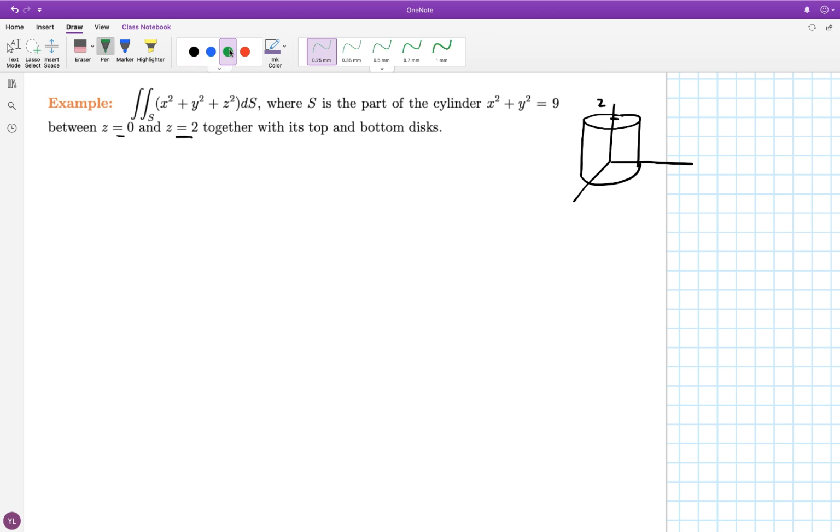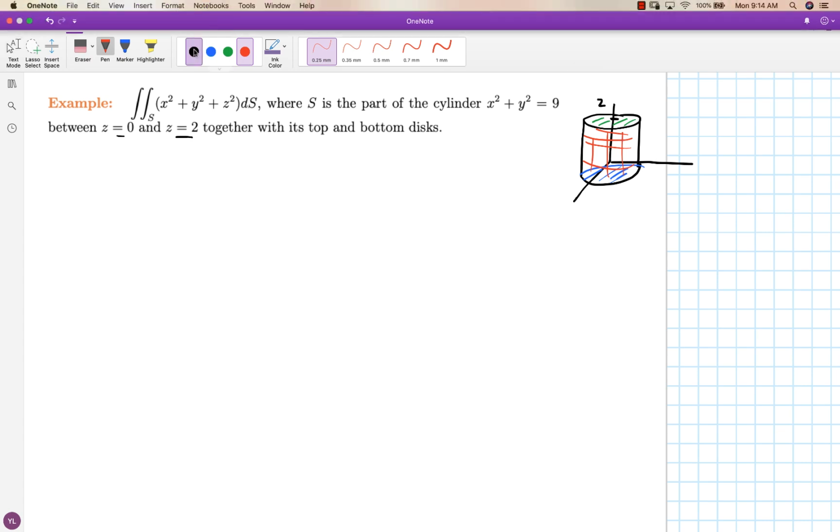And then you're putting a top on it like this, and a bottom, and then of course you have the sides. So it's like a closed surface, like imagine a can of beans. You've got a top, a bottom, and the sides.